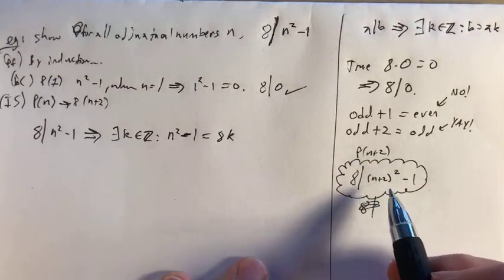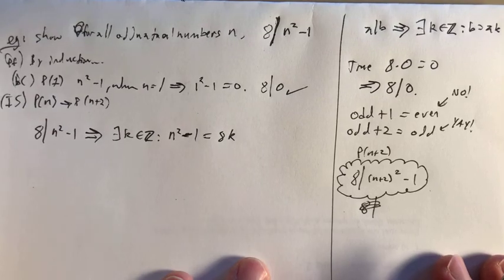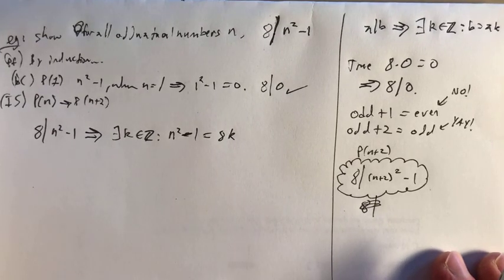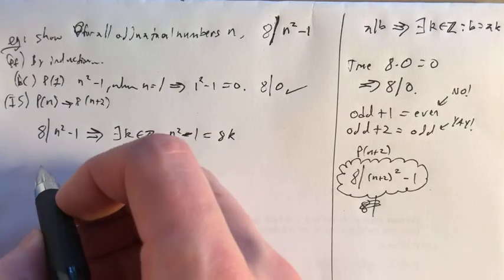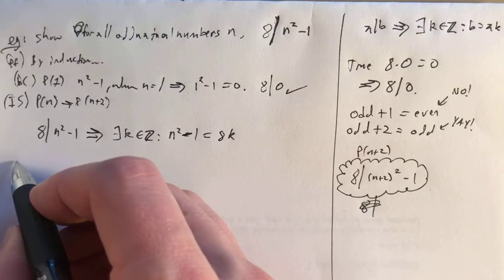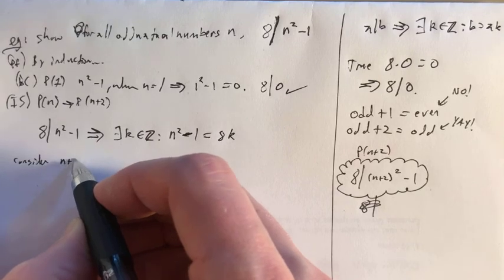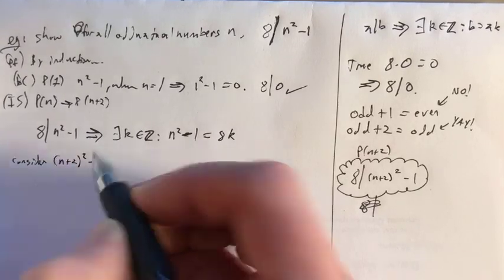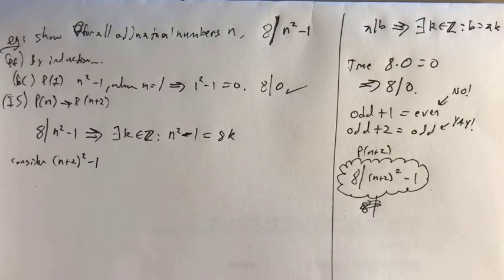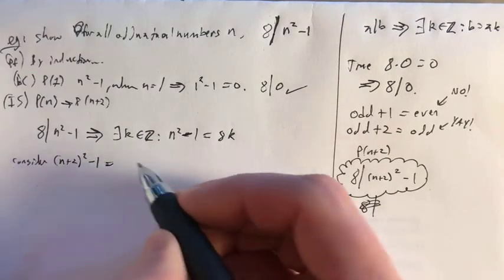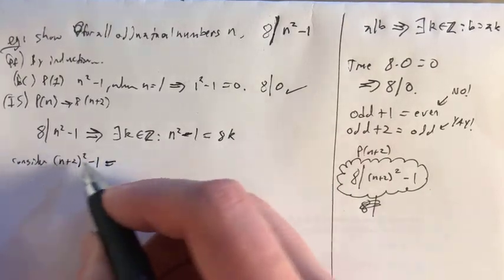So what we're going to want to do now, if you recall what we do at our amazing cocktail parties, is we consider quantities, right? So now we're going to consider the quantity n plus 2 squared minus 1. And we're going to want to show that that's a multiple of 8. Well, n plus 2 squared minus 1, let's multiply this out.